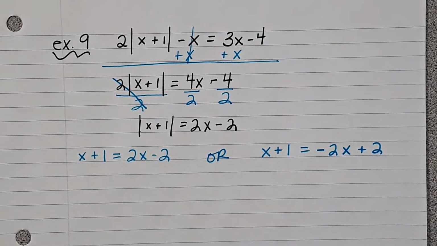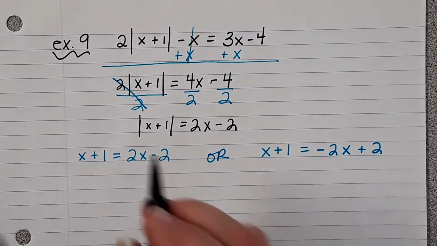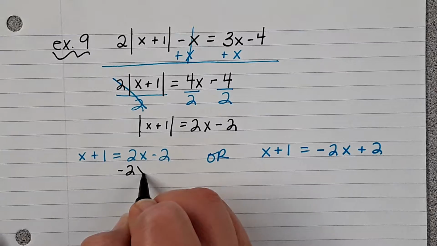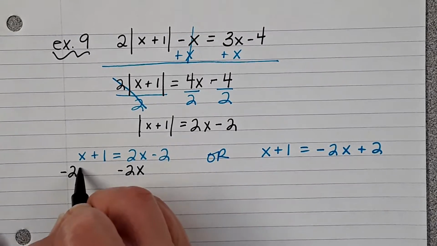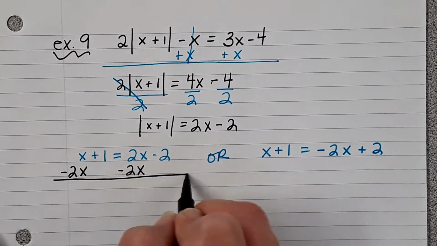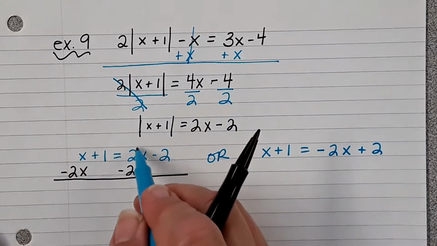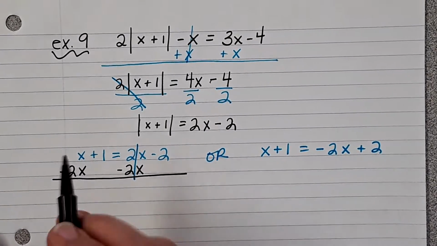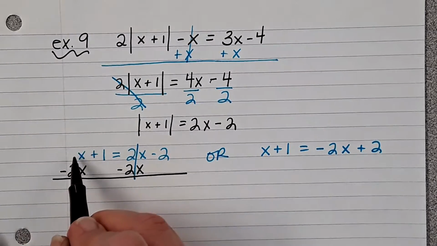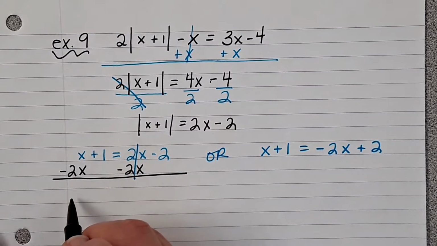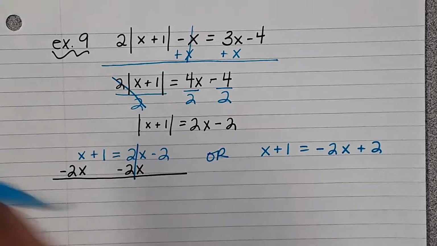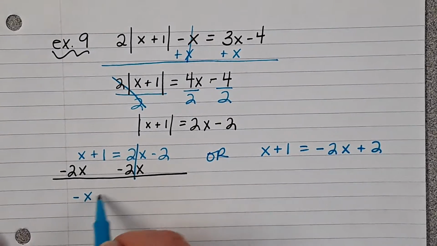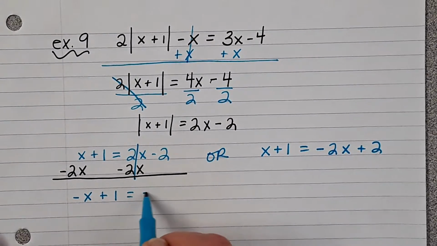You don't have to; you can move it however you want. 1x minus 2x is negative 1x. Plus 1 equals negative 2.